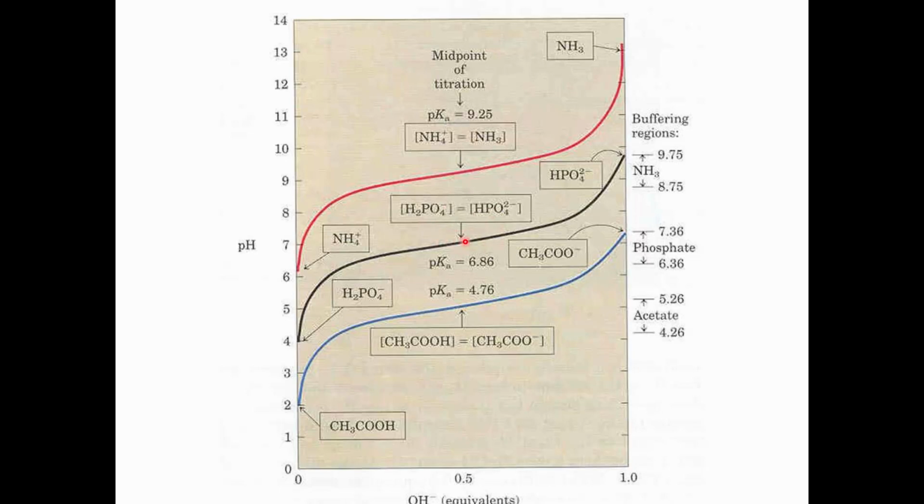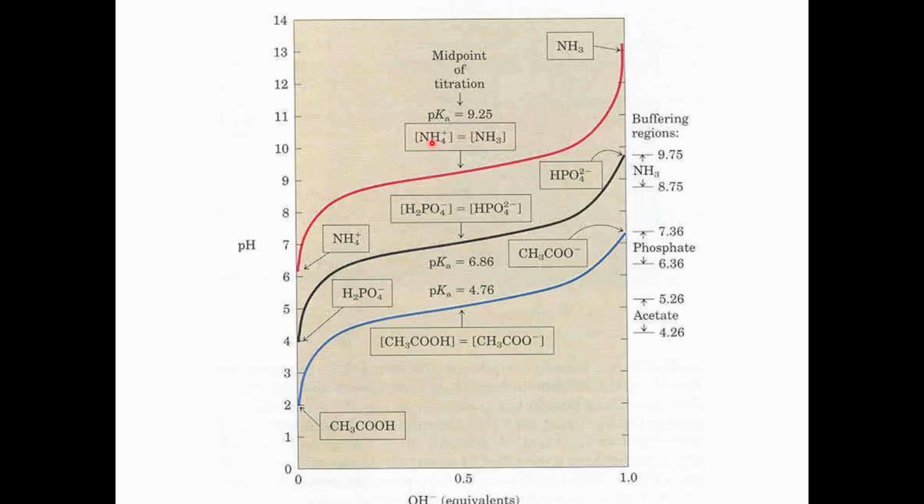So phosphate buffer is a very important intracellular buffer and a very important kidney buffer. As we continue to add hydroxyl, we continue to shift the weak acid to the weak base. When we've exhausted our weak acid, then we've sort of lost the buffering capability. And if we continued to add hydroxyl, then the pH would go up a lot.